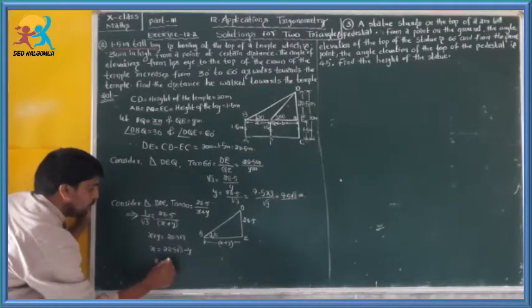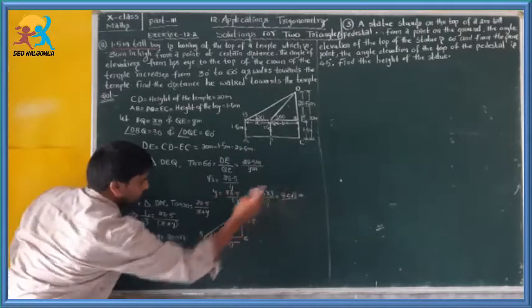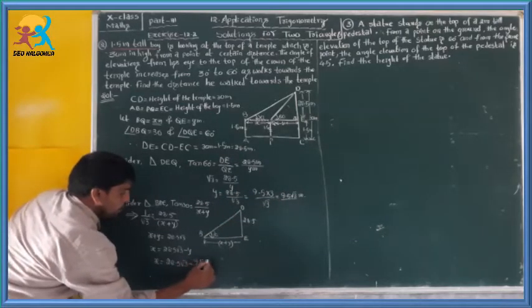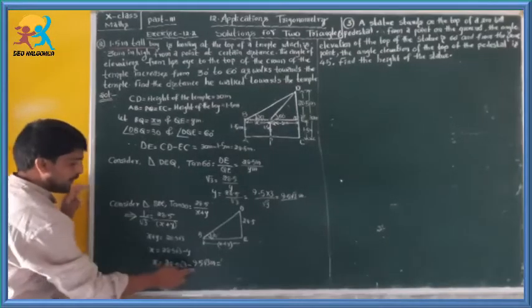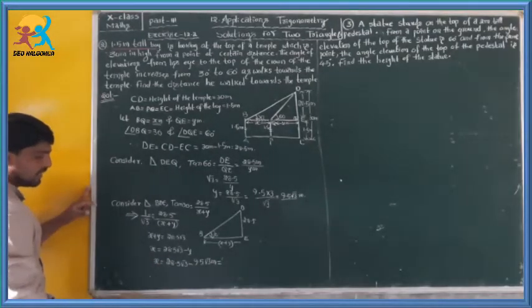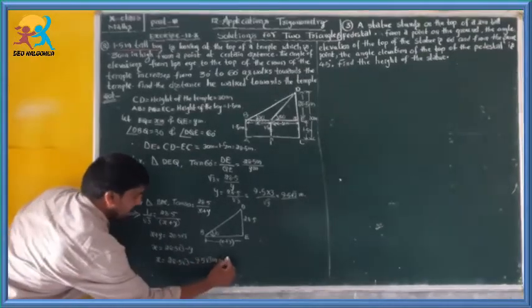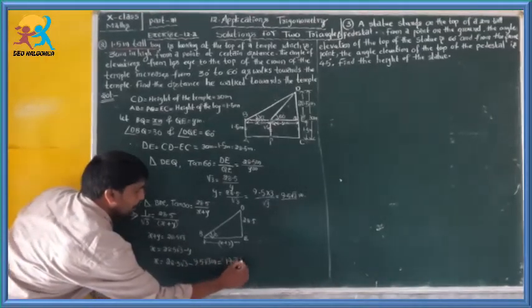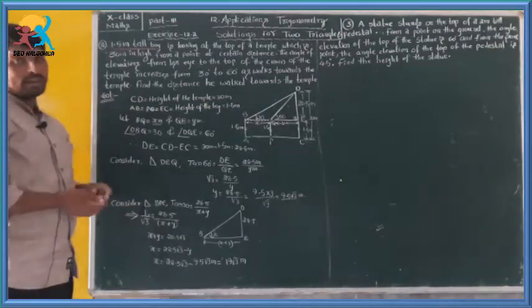Now substitute the value of y. What is the value of y? 9.5 root 3 meters. 28.5 minus 9.5, that is 19. The .5 gets cancelled. Subtraction gives 19 root 3 meters.